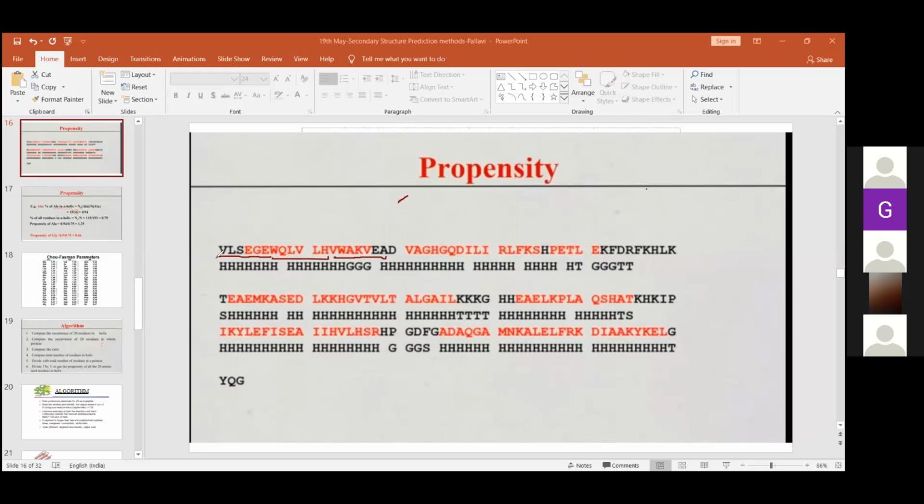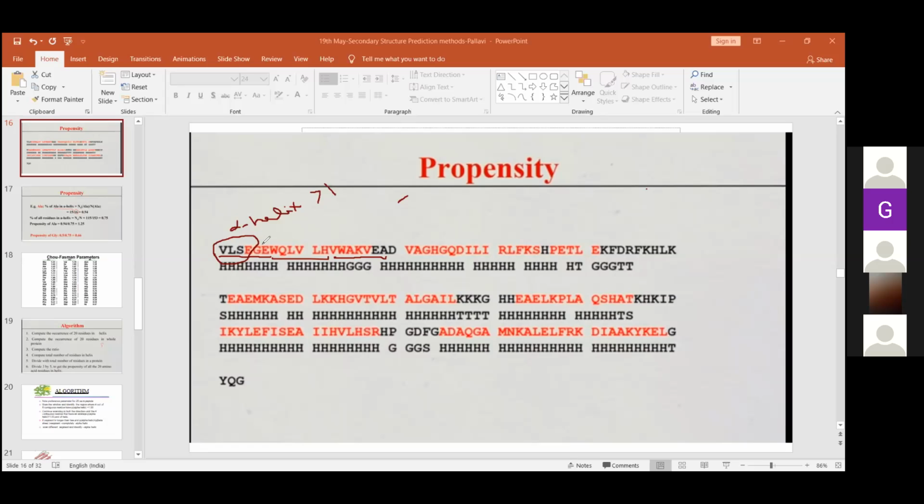Please pay attention. If out of my 6 residues, 4 have the probability to be in alpha helix greater than 1, then I will say that these are going to form the alpha helix.